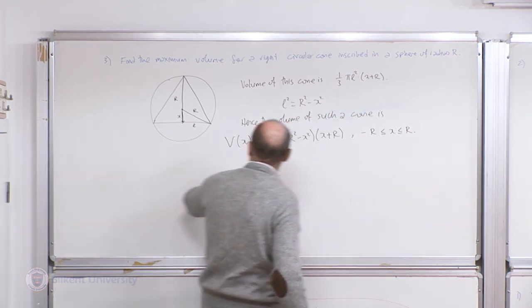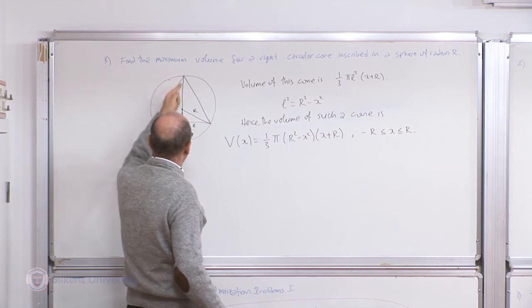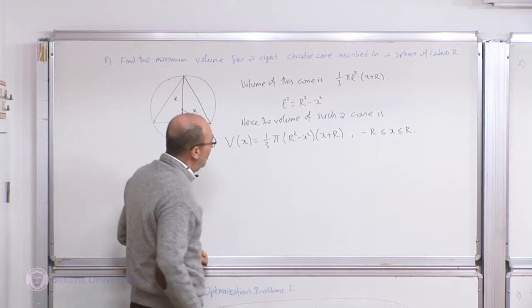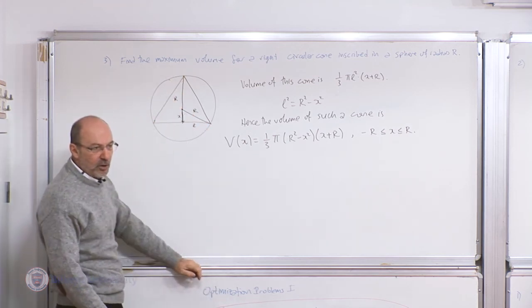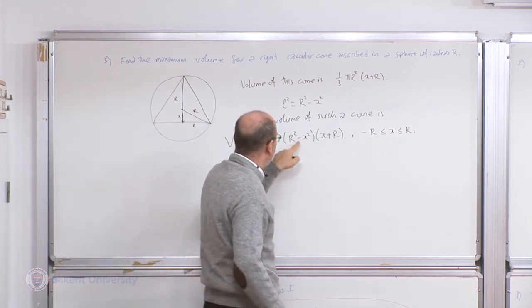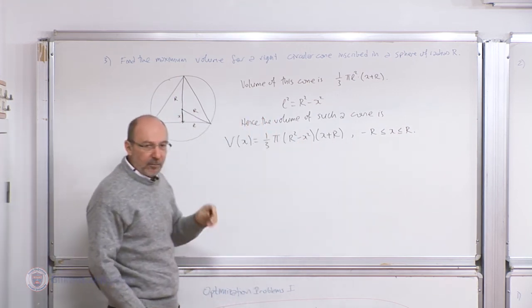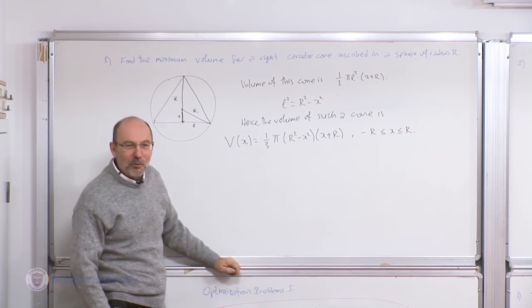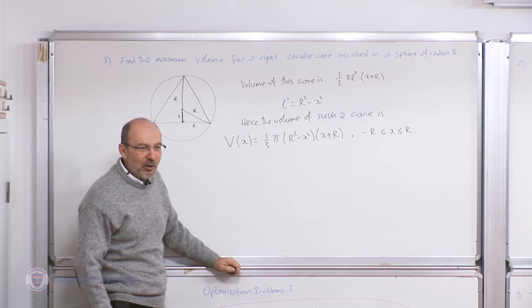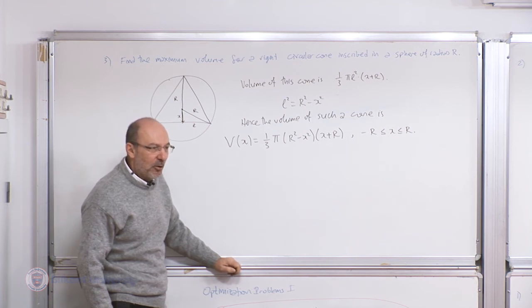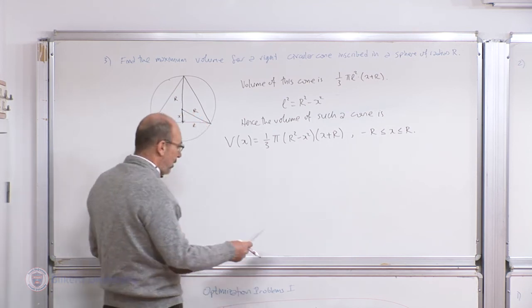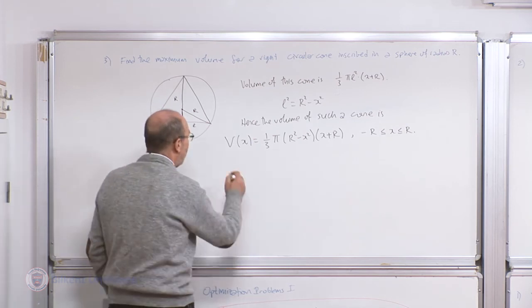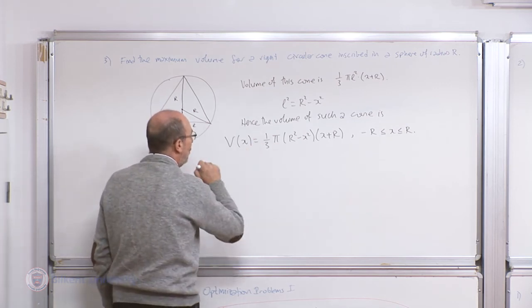When x is r, we have just this line as our degenerate cone, which has volume 0. So you put x equals r, here it is 0. Okay, so far so good. This doesn't tell us that we are doing something correct, but at least we are not doing something embarrassingly wrong. So this is the function to maximize in this case, because the minimum is 0.